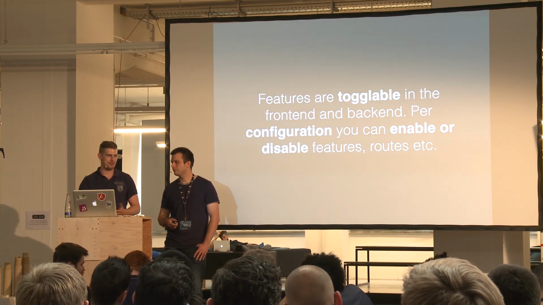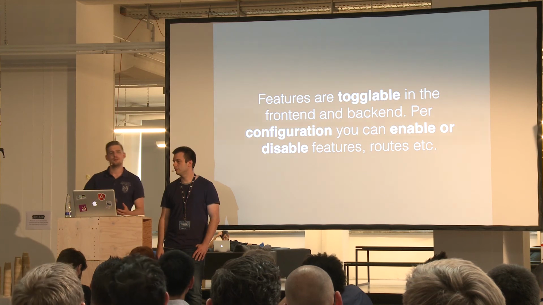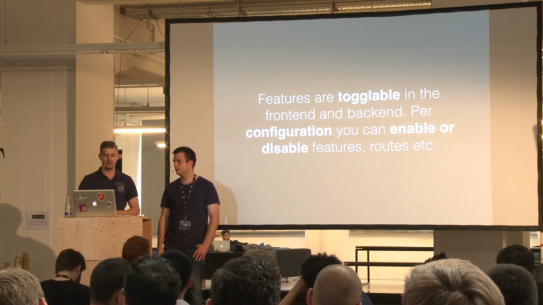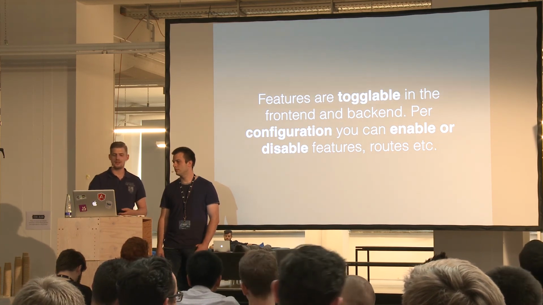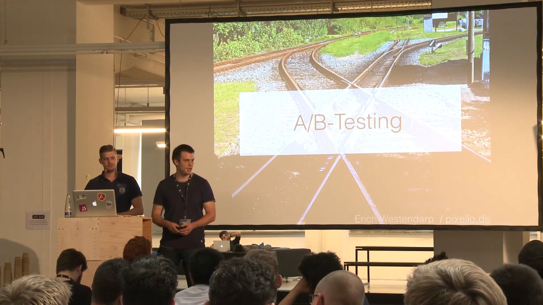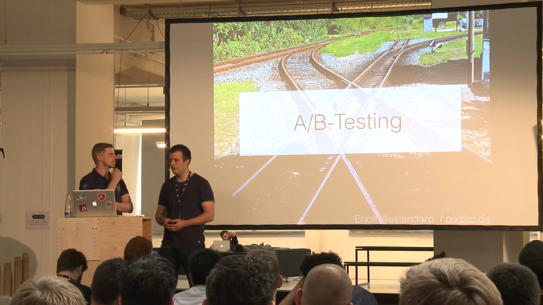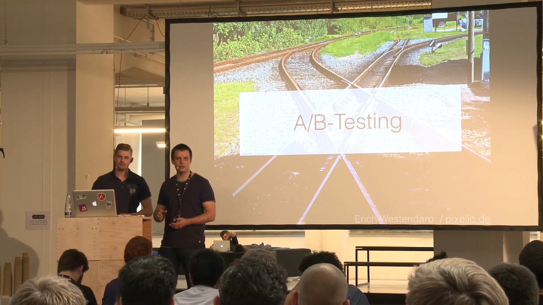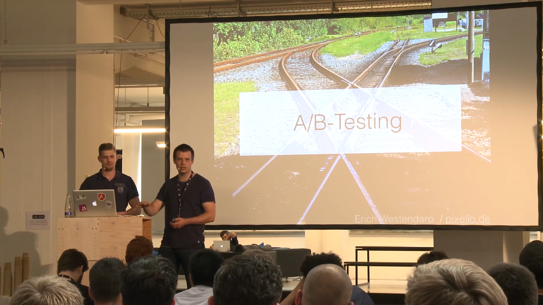The best way is to have a configuration file in one place where you can toggle all the features, routes, whatever you want. This is also a nice requirement for the next step, which is A/B testing. A company I visited just a couple of days ago is using this very extensively. They're using whole countries as beta testers, providing some features in one country and not in another.